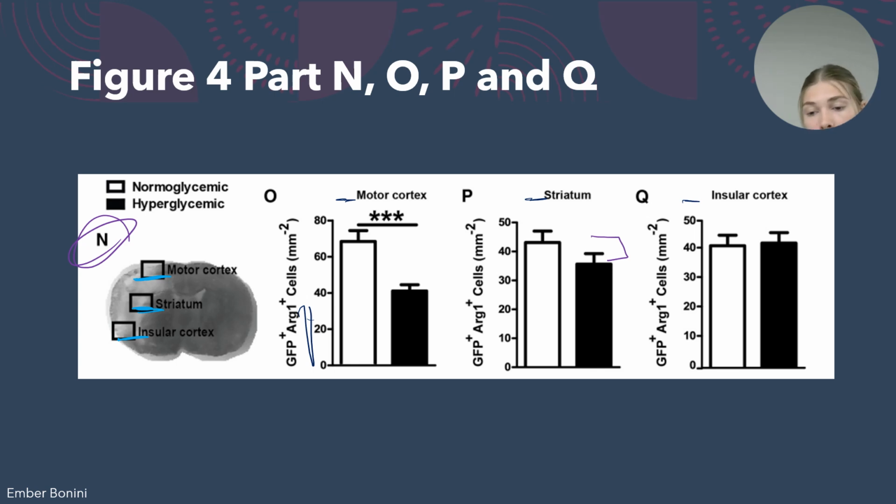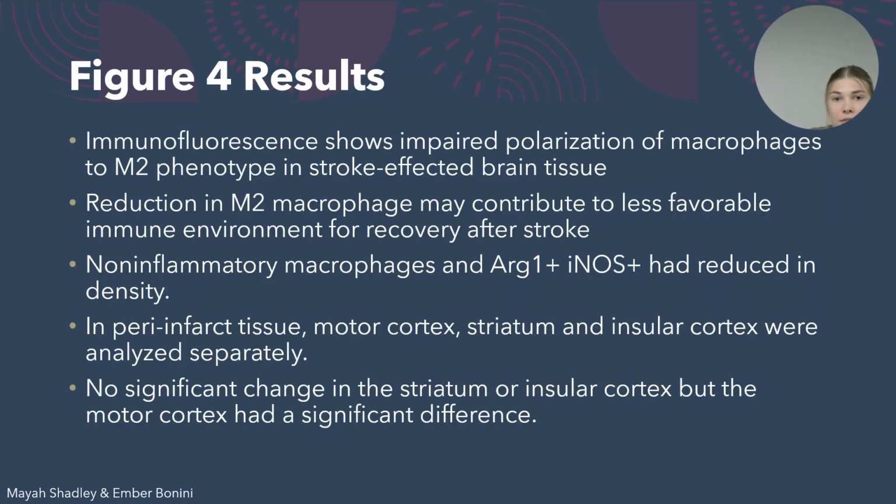And then finally, when we look at the insular cortex, it's actually a slight increase in the hyperglycemic conditions, but they do relatively stay the same, which is why we do not see it as prevalent there. And then we're going to go ahead and move on into our results for figure 4.